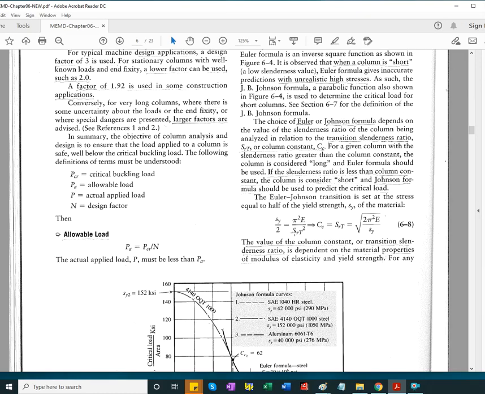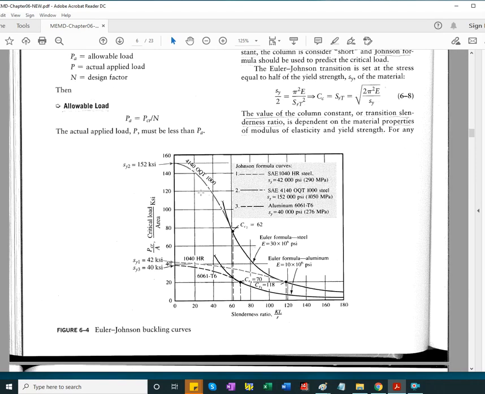That is, it corresponds to a compressive stress being equal to half the yield strength of the material. So this column constant, CC, the transitional slenderness ratio, is the square root of 2 pi squared Young's modulus over the yield strength of the material. So now it depends on the material.